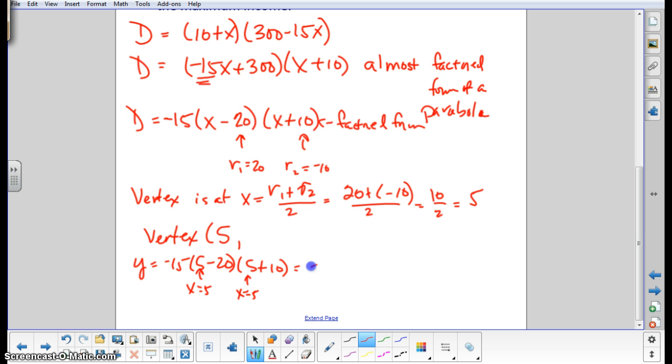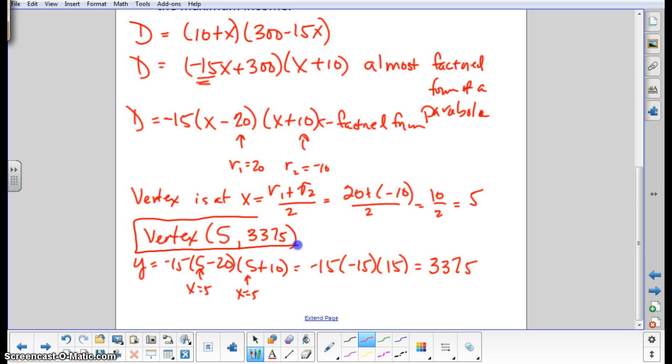And so that's negative 15 times negative 15 times a positive 15. And that is going to be a positive 3,375. So the y-coordinate of our vertex is 3,375.